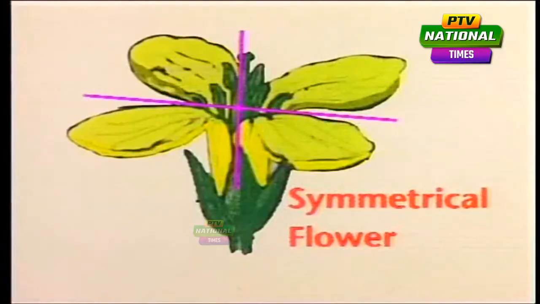This is what you call a regular flower or actinomorphic flower. An example of that could be mustard or poppy. As you can see in this diagram, this is a mustard flower and it can be cut into two similar halves by different vertical axes, but each vertical axis is passing through the center of the flower.